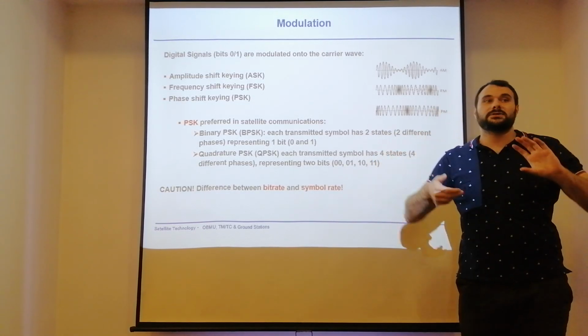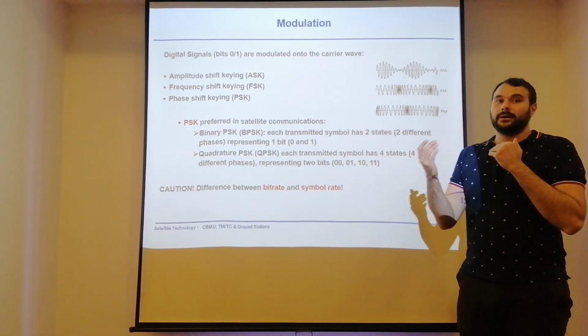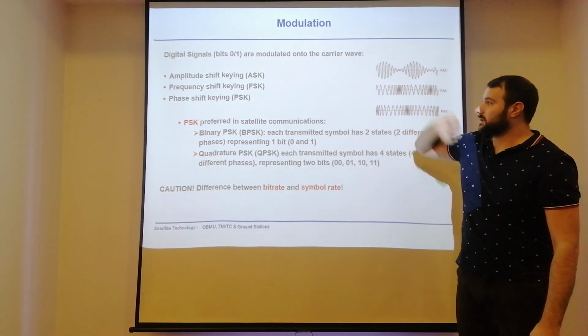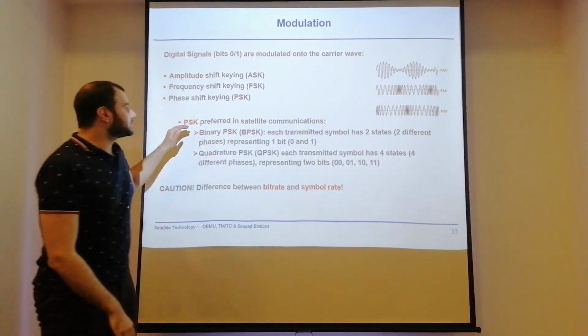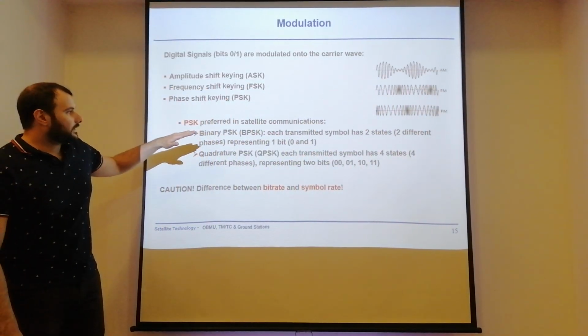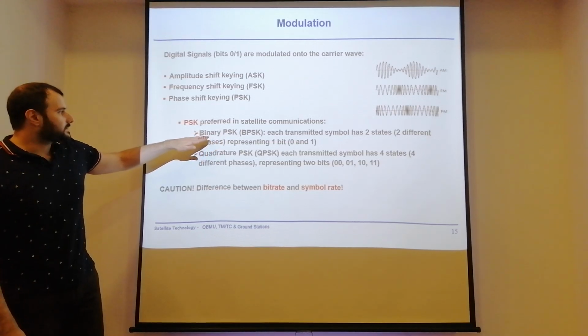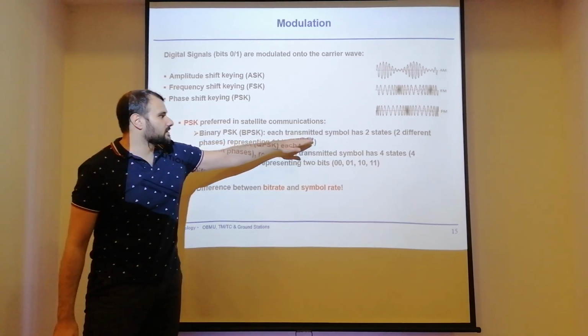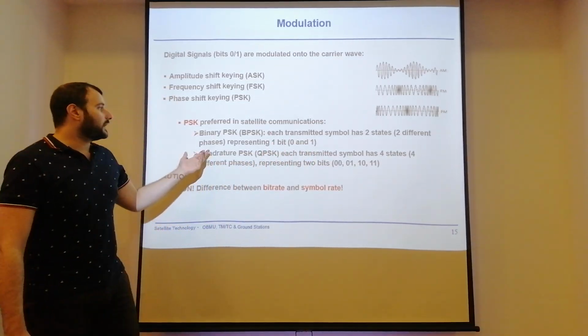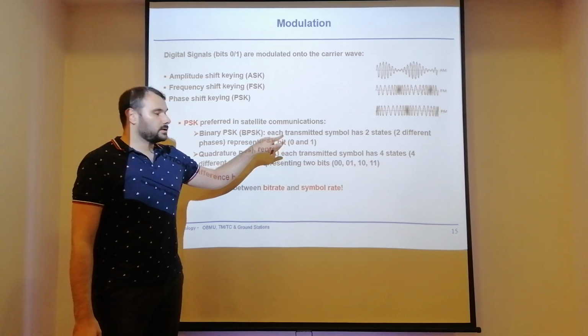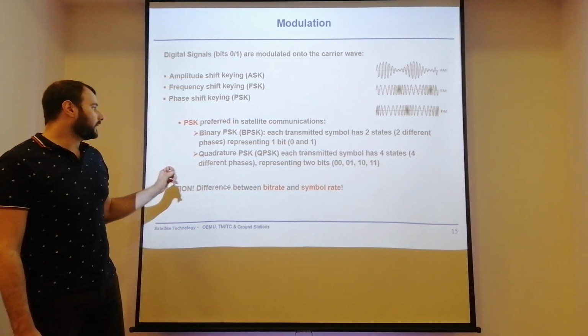And if you detect this phase shift, you also have a change in your data. And this PSK, phase shift key, is preferred in satellite communications. Very easy to explain is binary phase shift keying, where each transmitted symbol has 2 different states or 2 different phases. And those represent the bit 1 and 0.